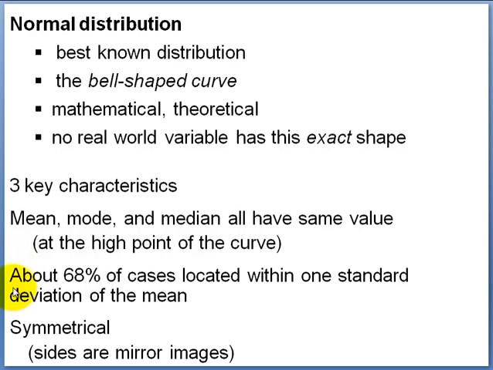A second defining characteristic is that approximately 68% of cases are located within one standard deviation of the mean. The next slide will start to make that clear. And a third defining characteristic is that the normal distribution is symmetric, or we can say symmetrical. Its left and its right sides are mirror images of one another.